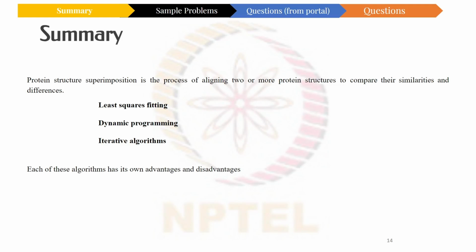Then we have dynamic programming. Similarly to dynamic programming in sequence alignment, here we have dynamic programming in structure alignment. Again, it uses a matrix and compares different parts of the structures, gradually adjusting them to find the best overall alignment. That means it goes part by part. So dynamic programming is like solving a puzzle where each piece of the structure is moved and rotated until the best fit is achieved.